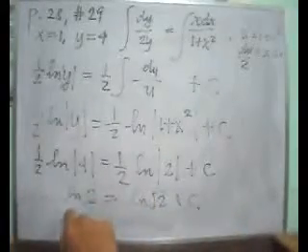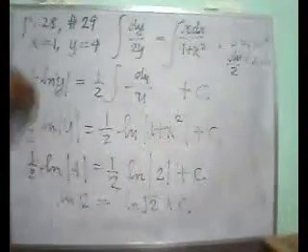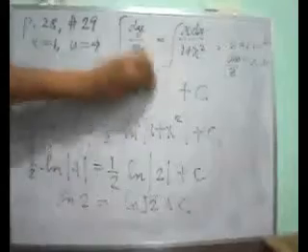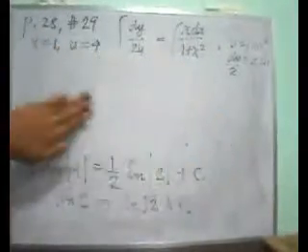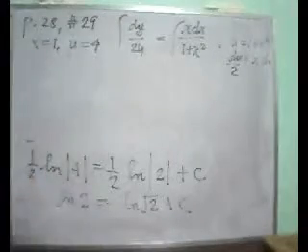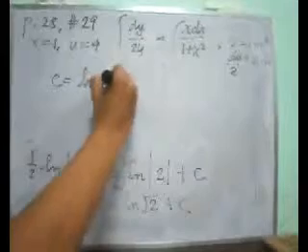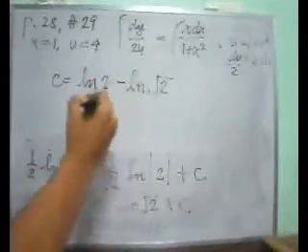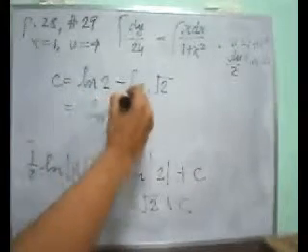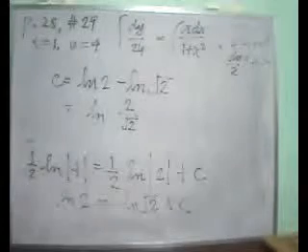Now this is equal to ln, simply we have, okay, we rearrange the following equation. We have c will be equal to ln of 2 minus ln of the square root of 2, or simply ln of 2 over the square root of 2.